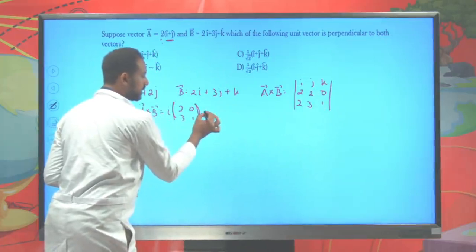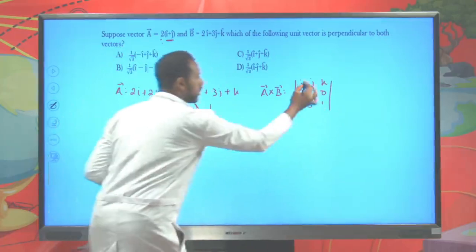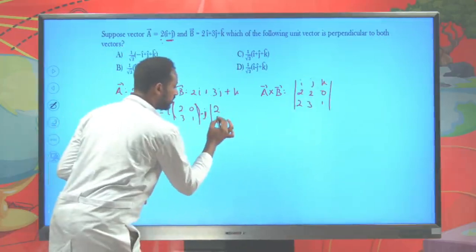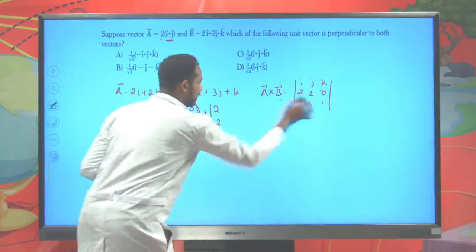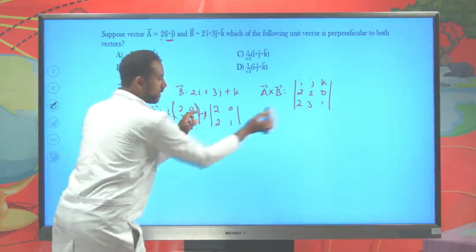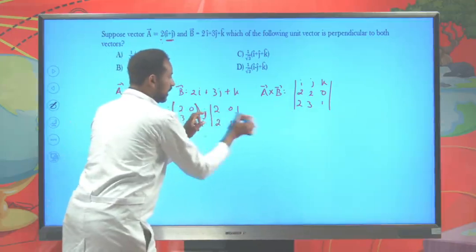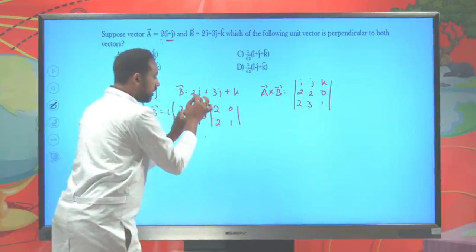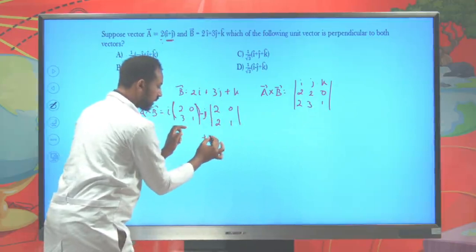You can put plus or minus actually. If you put minus on the j, you eliminate the row and the column of j. Therefore, you have to use 2, 2, and 0, 1. Here you have to put minus. Whenever you put i first and the k component, you can put minus. Some books use plus j.